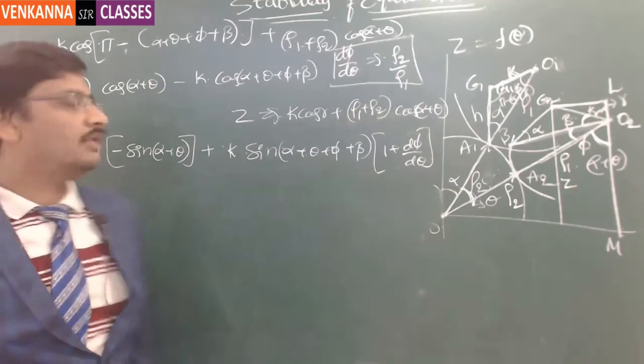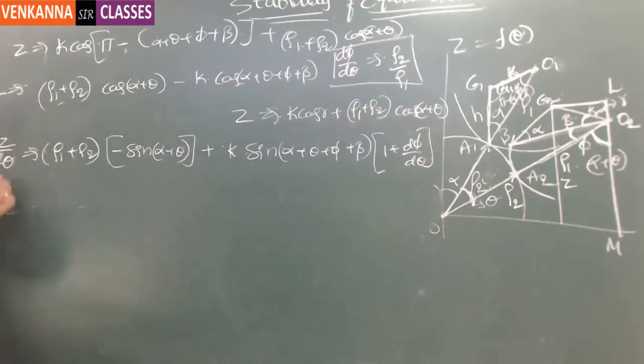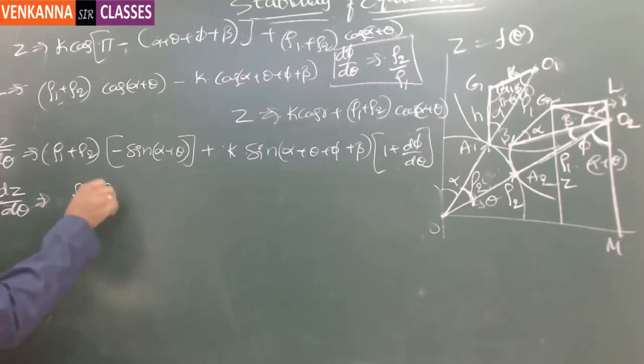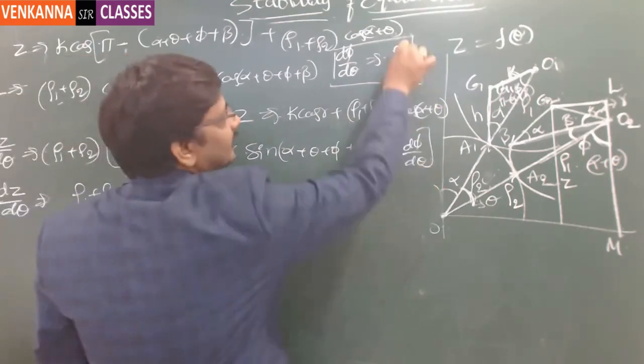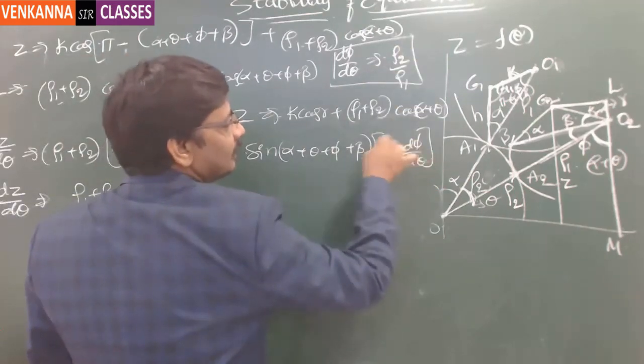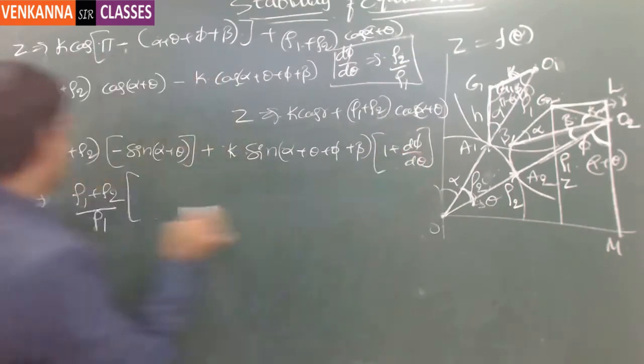Now if you simplify this, dz by d theta equals (rho 1 plus rho 2) by rho 1 times, since d phi by d theta is rho 2 by rho 1. I have taken the LCM, (rho 1 plus rho 2) divided by rho 1, and taken it out.